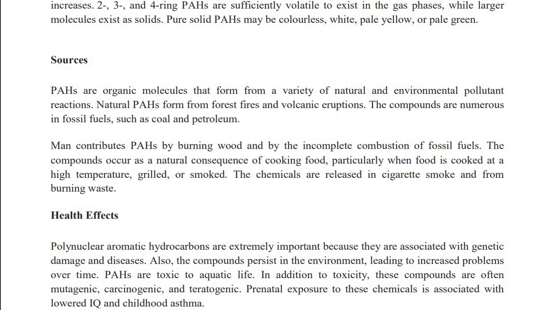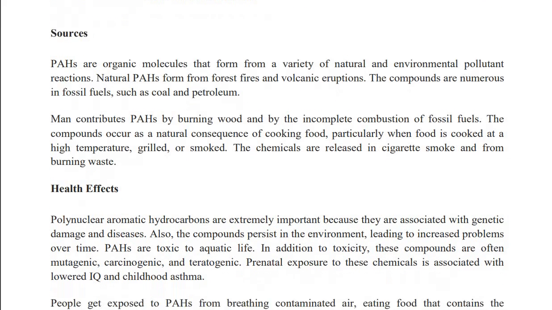The main contribution of polyaromatic hydrocarbons comes from burning wood and the incomplete combustion of fossil fuel. The compound occurs as a natural consequence of cooking food, particularly when food is cooked at a high temperature, grilled or smoked. The chemicals are released in cigarette smoke and form from burning waste.